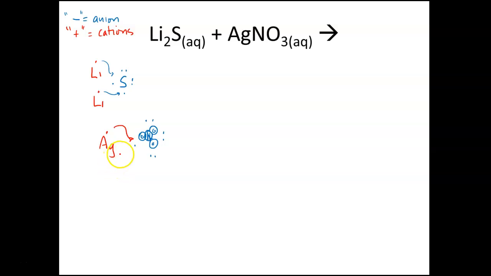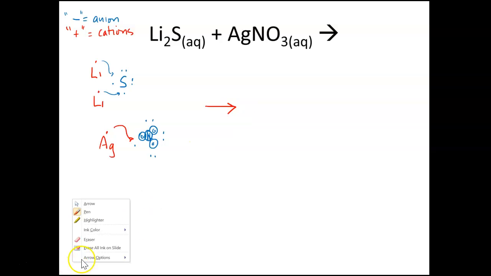Now this is the point where the double date happens. Lithium and sulfur are attracted to each other. Silver and nitrate are attracted to each other. The attraction isn't as strong as it could be. So if these all came together, if we more or less combine these, and now they have a new set of cations and anions they can date, what is lithium going to be attracted to?